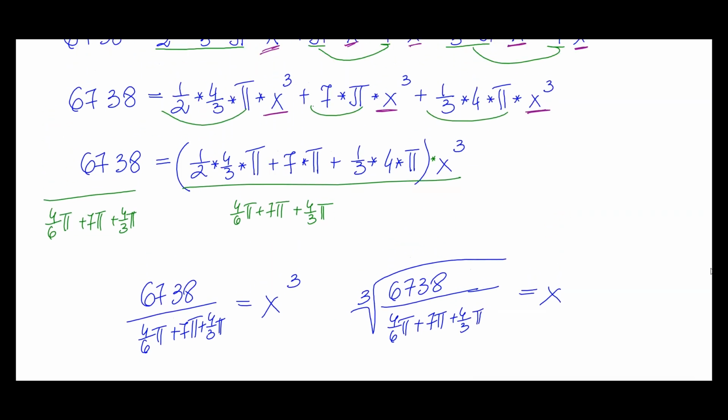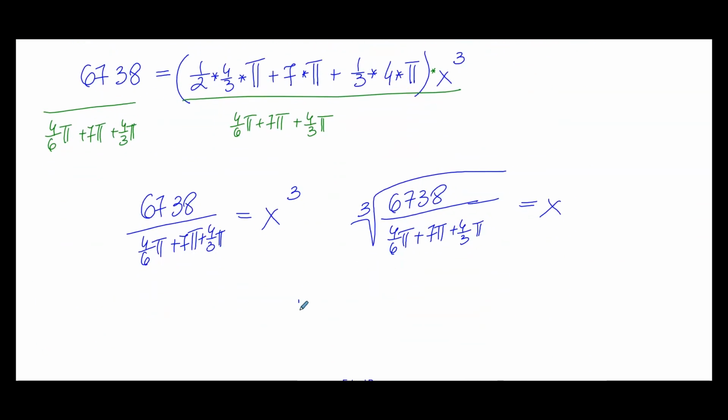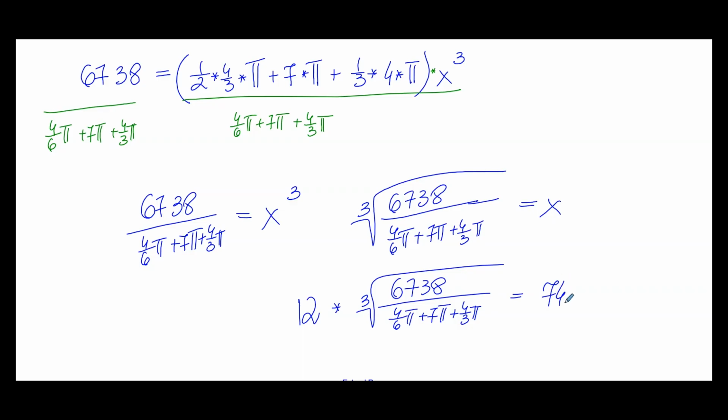Now, what was our total length? 12 multiplied by x. So that means the total length will be 12 multiplied by our value of x. And yes, as long as we get our numbers right, we can wait till the very end and put all of that in the calculator, press equal, and correct to one decimal place we're going to get 74.4, and that was meters, since it was length, to one decimal place.